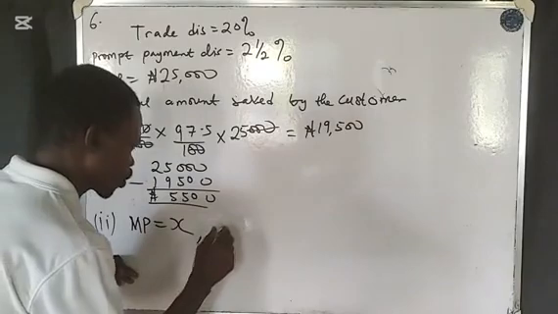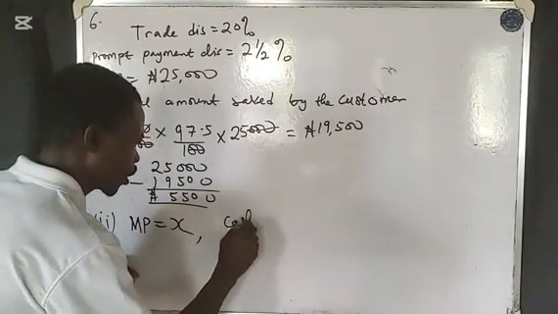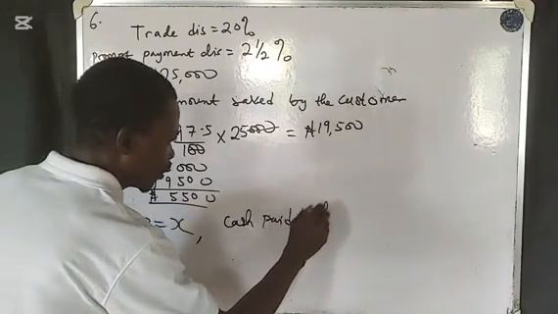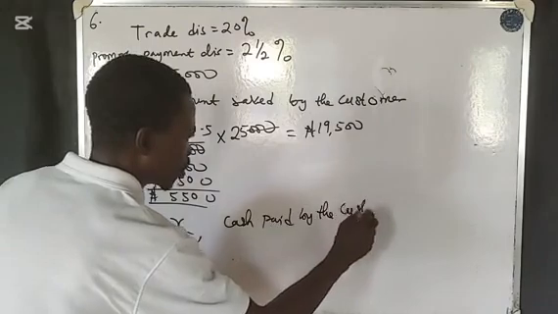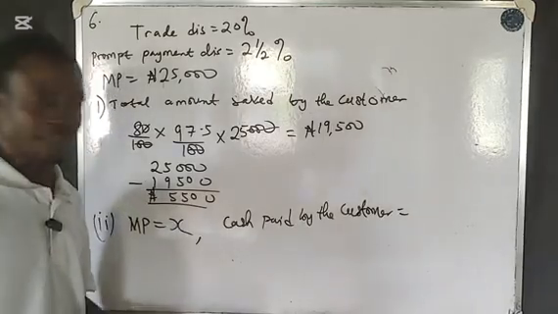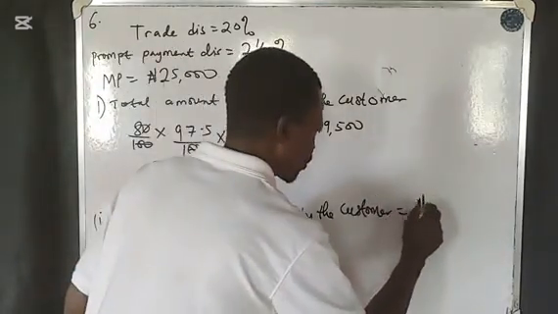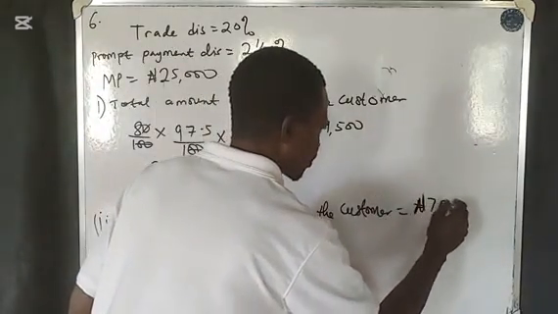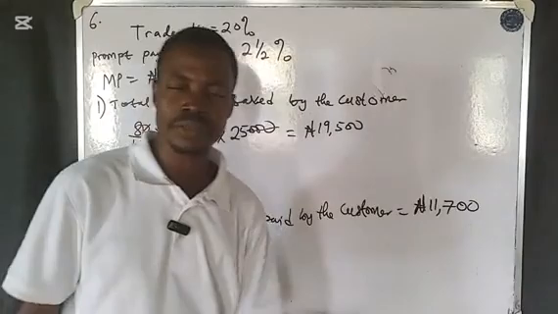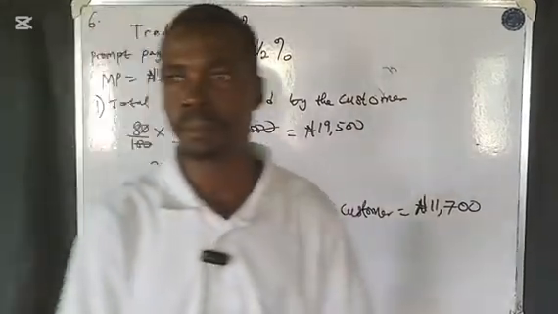The cash paid by the customer is 11,700. Is that okay?